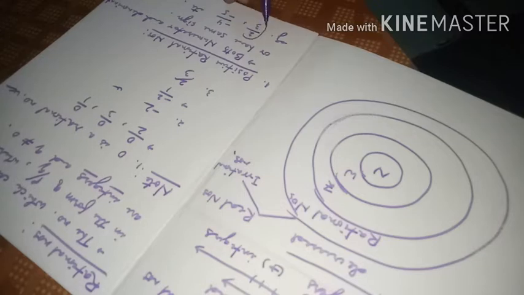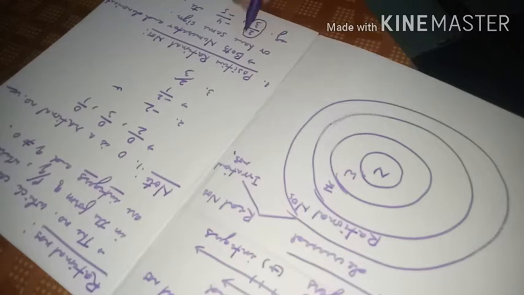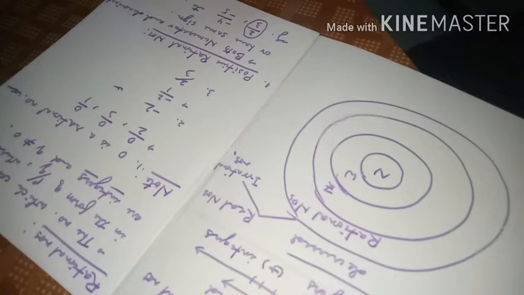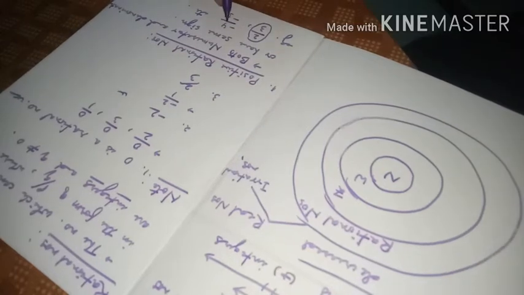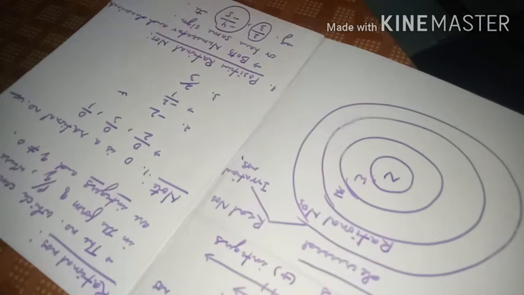Both have the same sign, so this is a positive rational number. Similarly, in -4 by -5, the numerator is minus and the denominator is also minus, so this is also a positive rational number. So children, a positive rational number means both numerator and denominator should have the same sign.